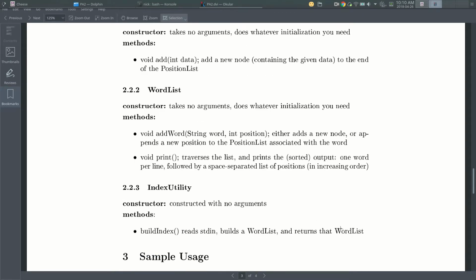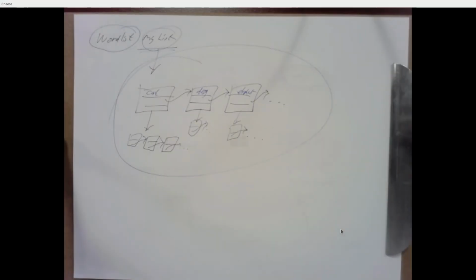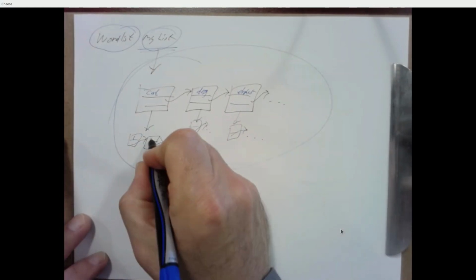So add word: you have your word list. It's got cat and dog and elephant. So it's got some words stored and some reference lists.